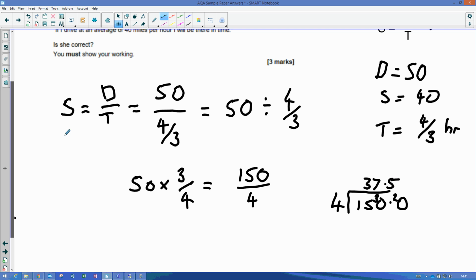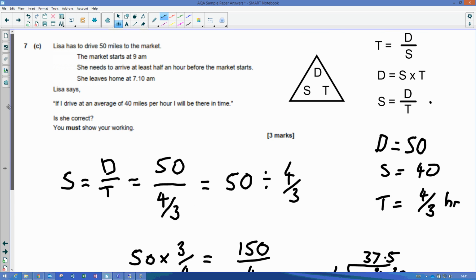We've been working out the speed this time, so what we work out here is speed equals 37.5 miles per hour.